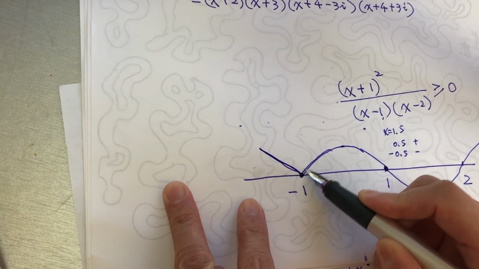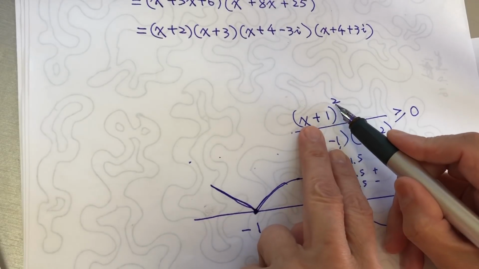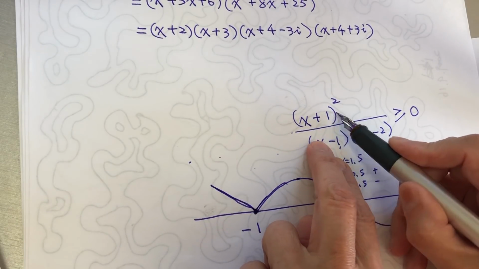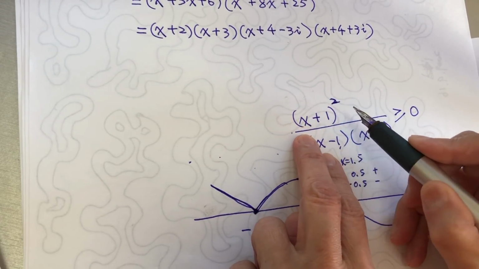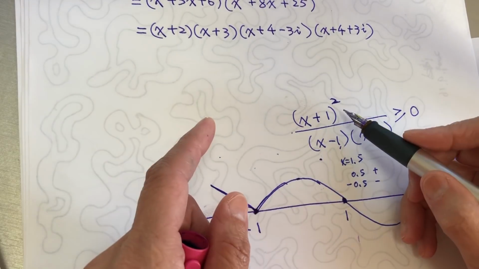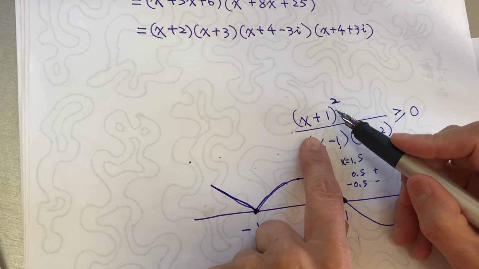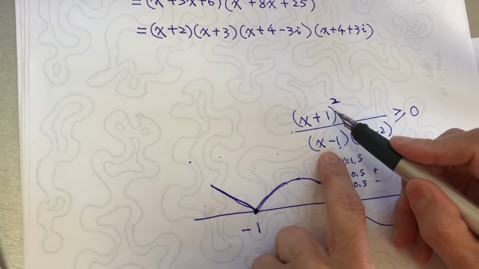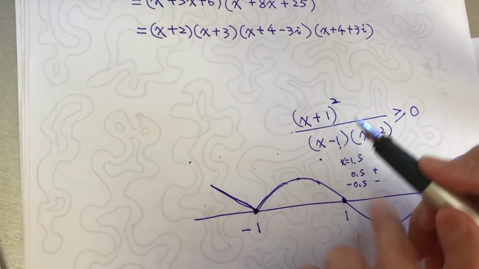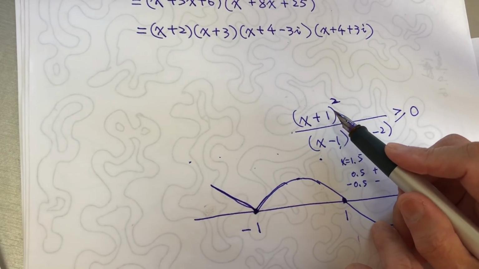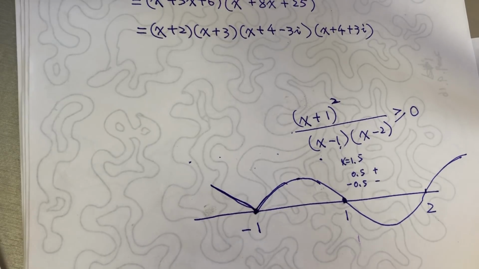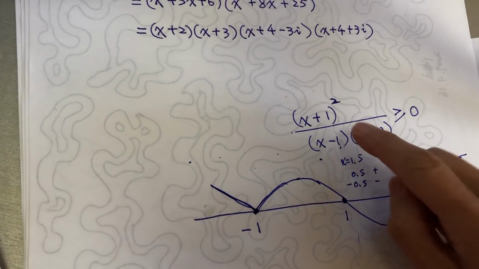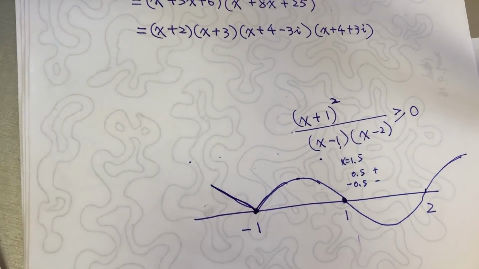Why do we bounce? Because x plus 1 squared, when it is squared, is always positive. Even a negative number times a negative number becomes positive also. You do not need to be a mathematician to understand this, negative becomes positive.